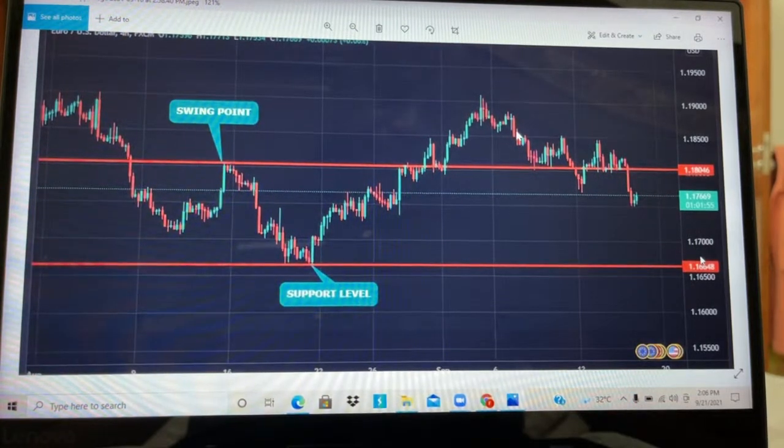So if we went from 1.16650 all the way to 1.18050, that's a big move. So that's 20 pips? You sure?